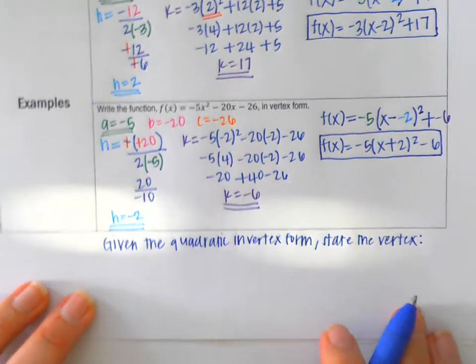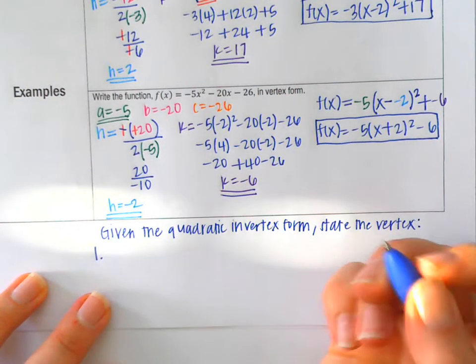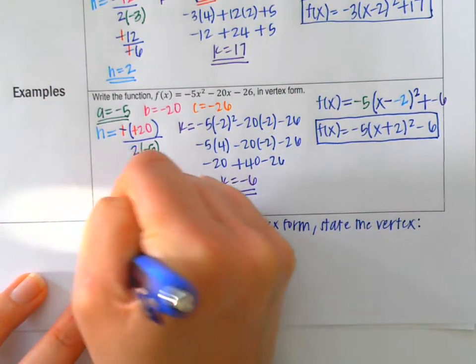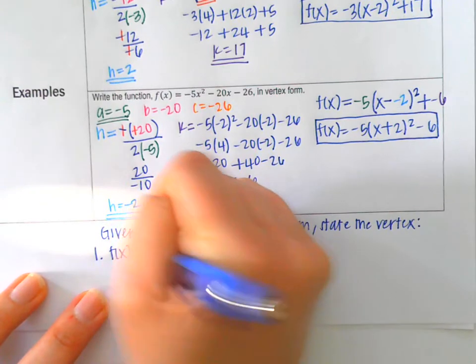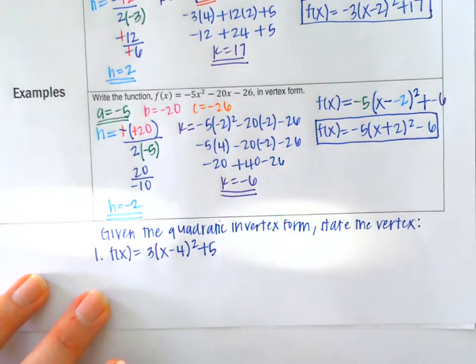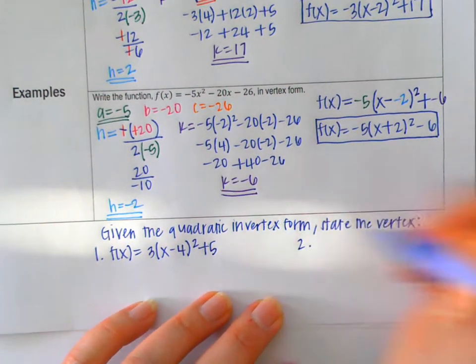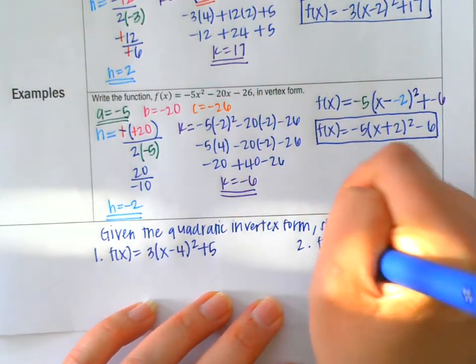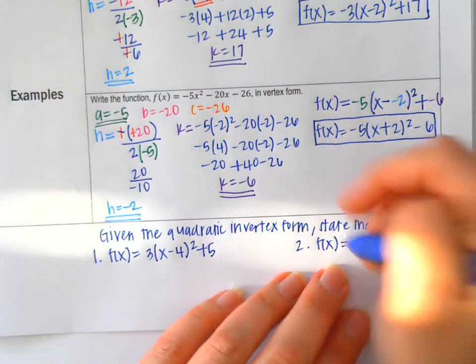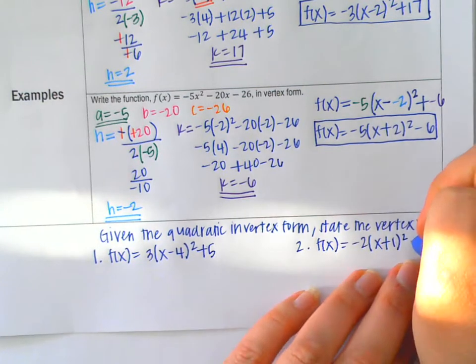Okay, so I'm going to do 2 examples. f of x equals 3(x minus 4)^2 plus 5. And then this one is going to be f of x equals -2(x plus 1)^2 minus 8.